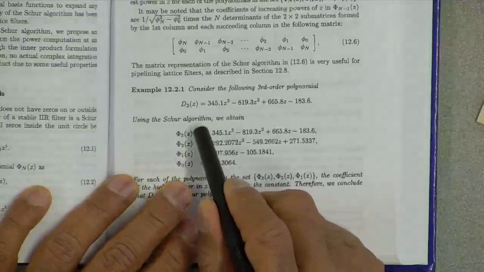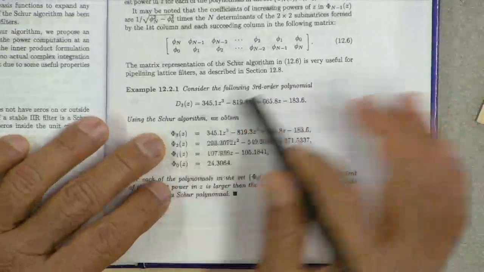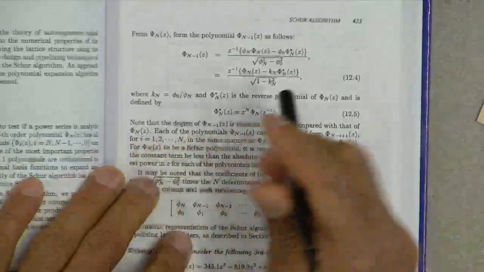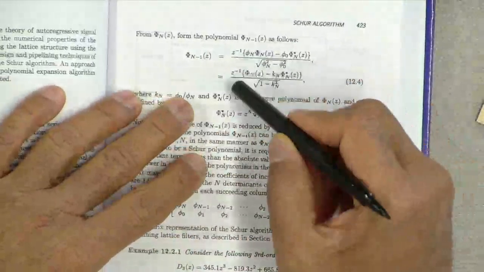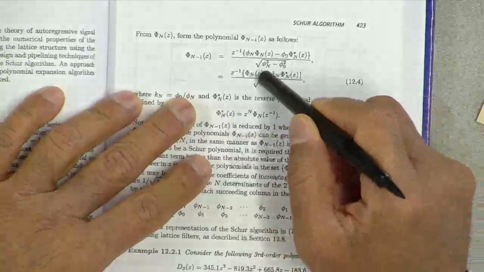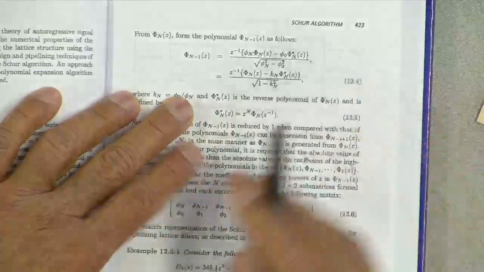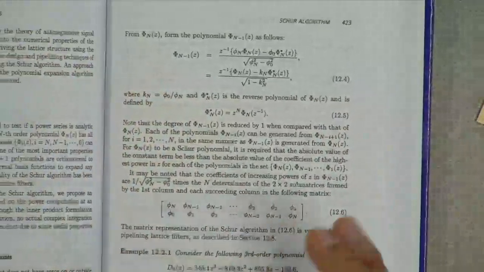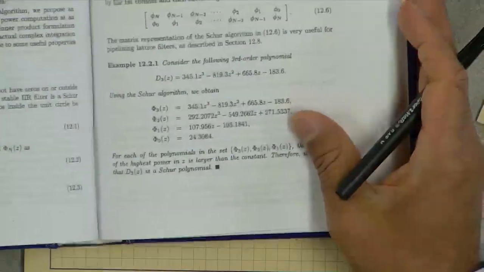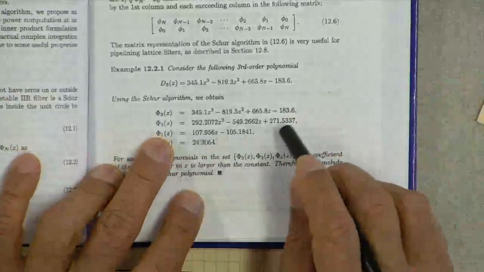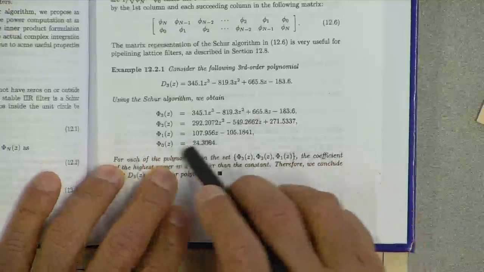But if we start with that denominator as phi3 and go through the process of reducing, phi n minus 1 is equal to z to power minus 1 times phi n minus kn phi n star, divided by that square root. You can convince yourself, perhaps by working out the homework problems, that phi 2 will be that, phi 1 will be that, phi 0 will be that.